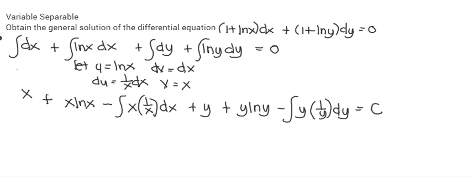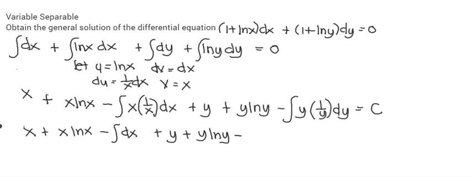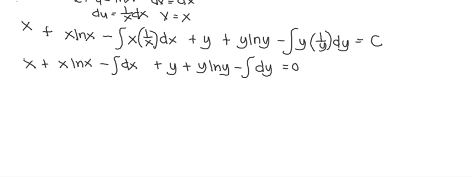Then let's put the constant term on the right side of the equation and simplify. We have x plus x ln of x minus the integral of x times 1 over x, which is 1, so minus the integral of dx, plus y plus y ln of y minus the integral of y times 1 over y, which is 1, so minus the integral of dy, equals c.